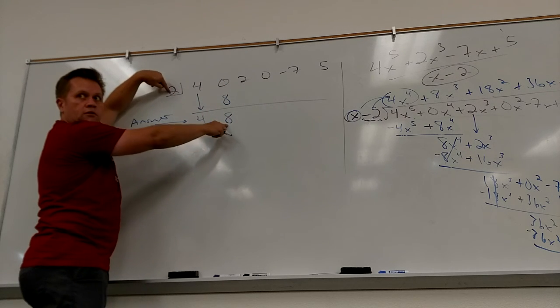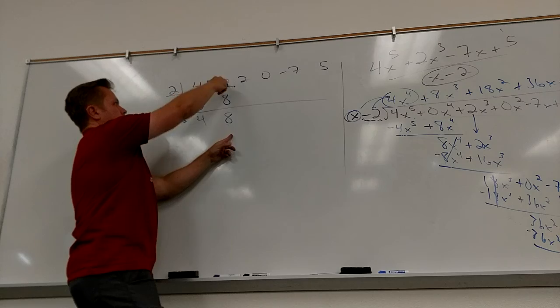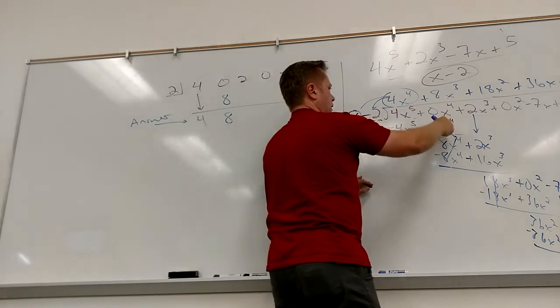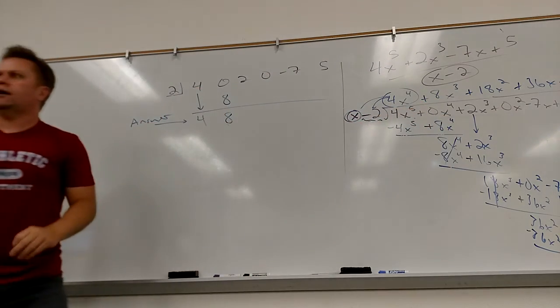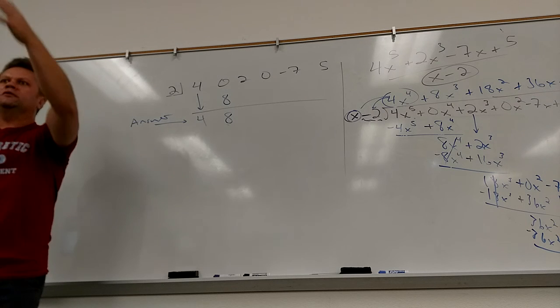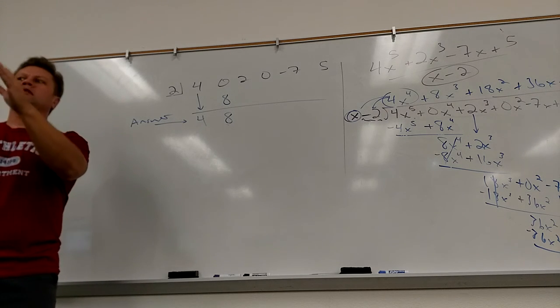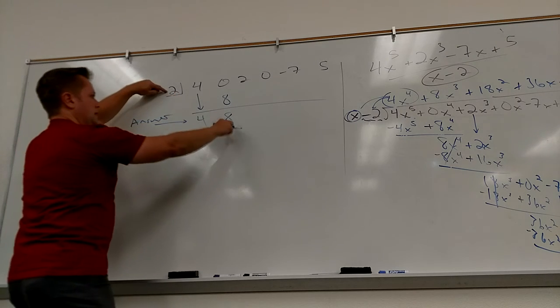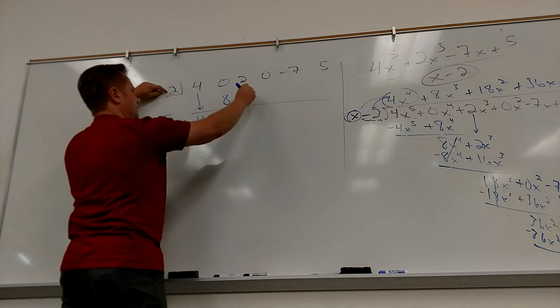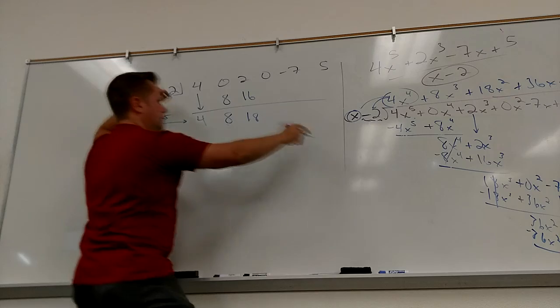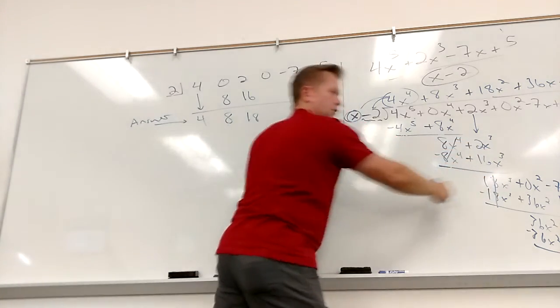Multiply by 2. Do you see where we're at? See this 0, 8, 8? Isn't that right here? 0, 8, 8. It's only focusing on the numbers that actually matter. It's really nice. 2 times 8 is 16. 2 plus 16 is 18.